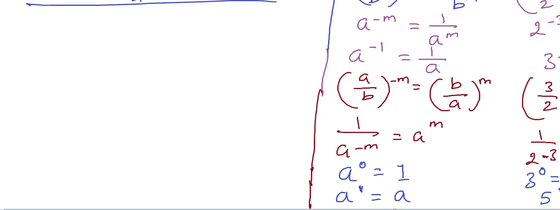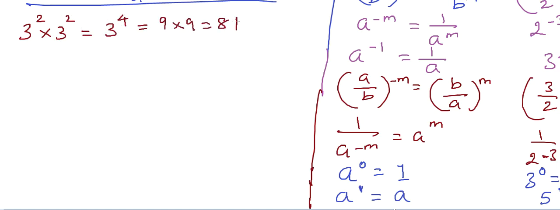Let's see some more examples. See 3 power 2 into 3 power 2, so you need to add the powers, 2 plus 2 is 4, so 3 power 4 is what, 3 into 3 into 3 into 3, so 3 into 3 is 9, another 3 into 3 is 9, so it's 81.